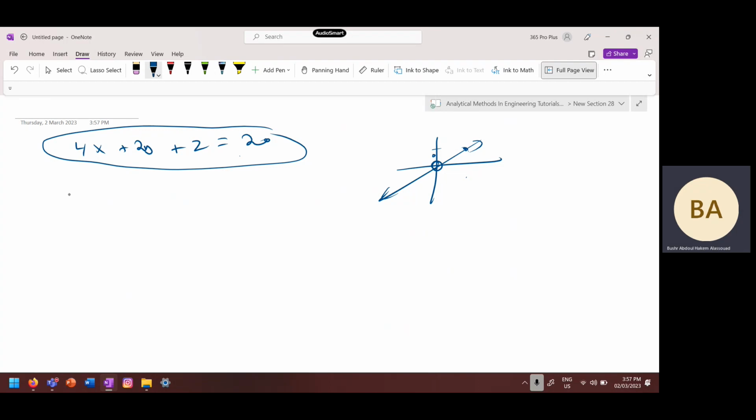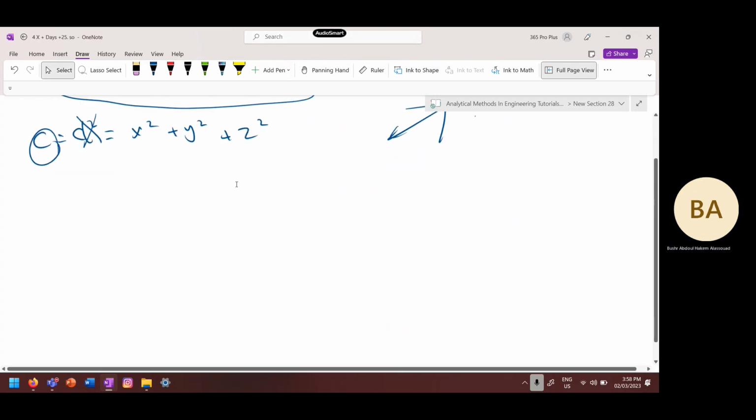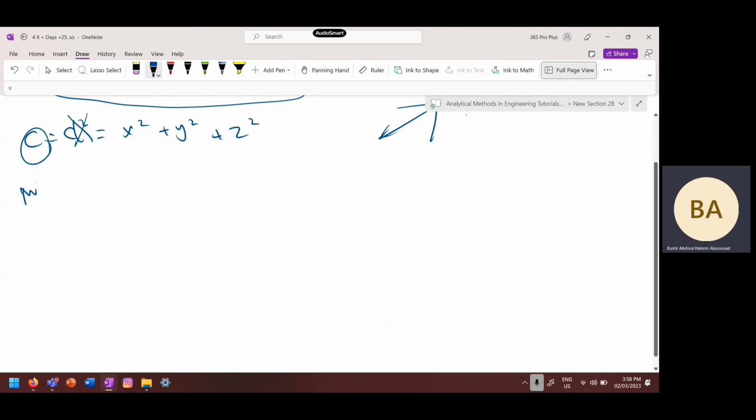So we will use the distance function. This is the equation of the distance from the center. X squared plus y squared plus z squared. Okay, this is equal to d squared, going to be our cost function. So ignore the d, we'll use the c as our variable as usual. Okay, the first method, method 1, substitution method.